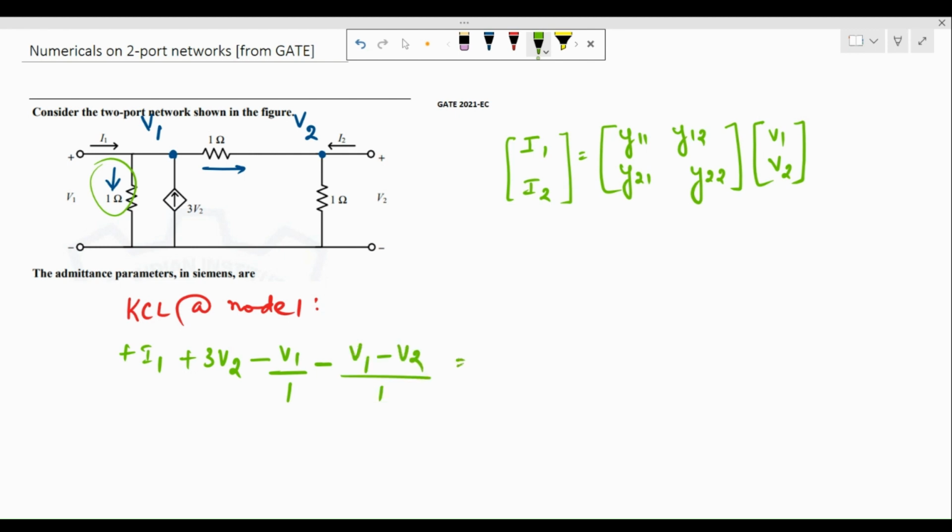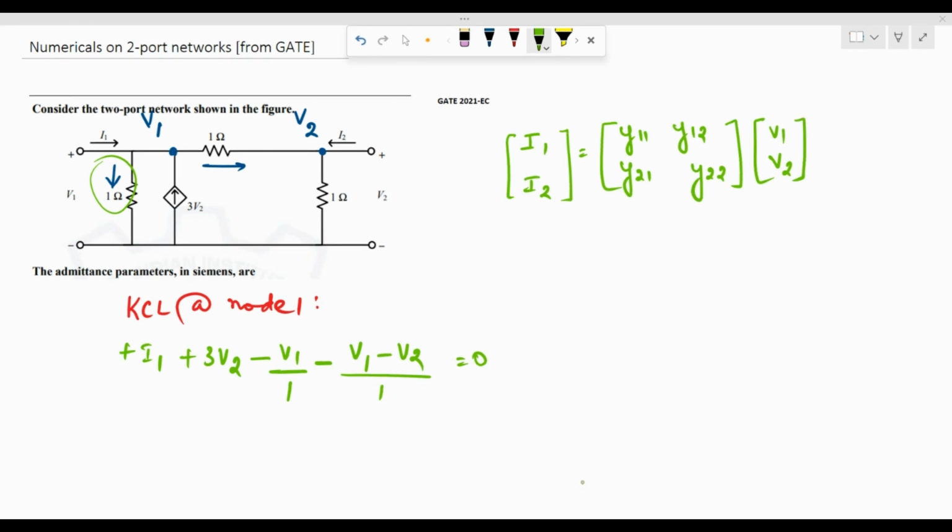All this put together should be equal to 0. So if I rearrange this, making I1 the subject of my equation, I will get I1 equal to 2V1 minus 4V2, and I'll call this my first equation.